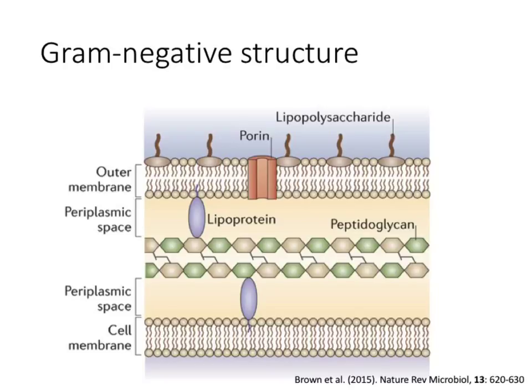So one of the things that we've talked about already is that selectively permeable outer membrane. It allows for hydrophobic molecules and nonpolar molecules to get through, but big, bulky molecules will not get through that outer membrane. In fact, I don't know of a porin large enough to fit another protein through.